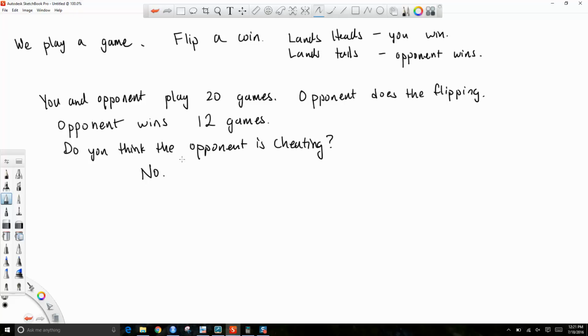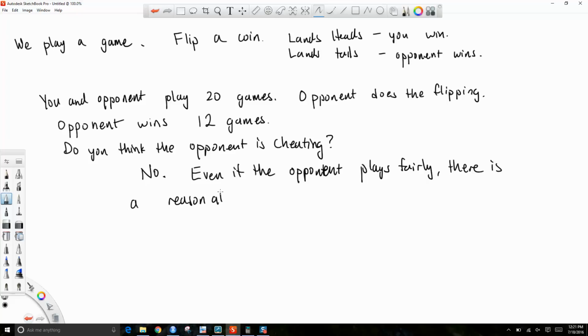Could the opponent be cheating? Yeah, the opponent could be cheating, but we can calculate the probability, or we can say, even if the opponent is playing fairly, there is a reasonably high probability that he gets 12 wins out of 20.